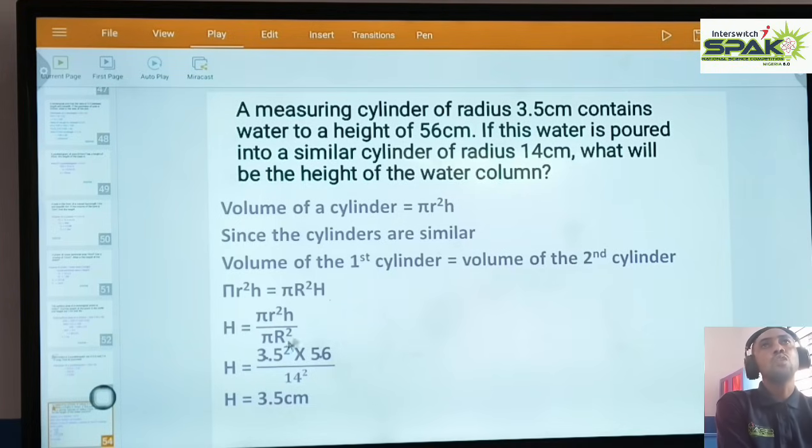So from here now, we take care of pi. Then we have r, which is 3.5 square, times the initial height, which is 56, all over the radius of the second cylinder, which is 14 square. When you simplify this, you get 3.5 centimeters. So 3.5 centimeters is the height of the water column.